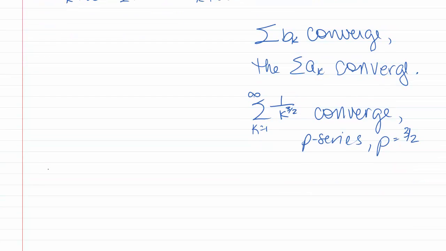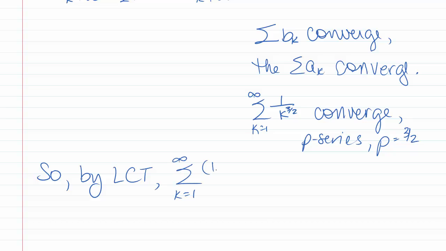So, by the limit comparison test and by those extra statements at the bottom of the limit comparison test, we know that the sum k goes from 1 to infinity of natural log of k squared over k squared converges.